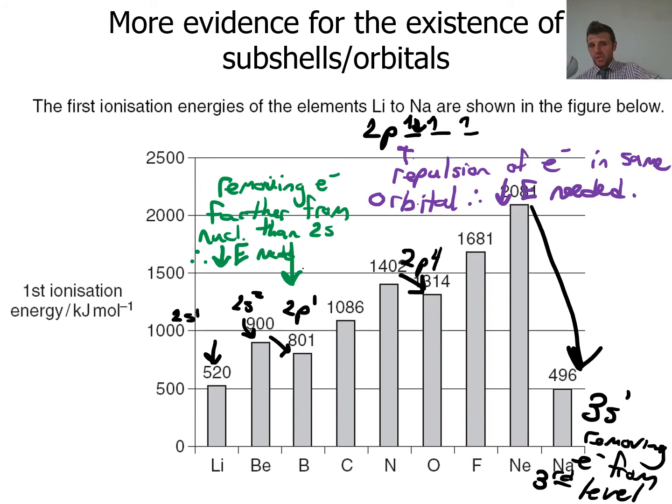So it's going to be much farther away, so it's going to take much less energy. In fact, it's going to take less energy than if we were removing it from the 2s orbital.